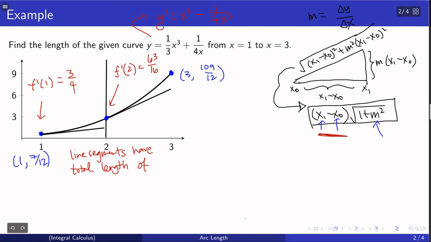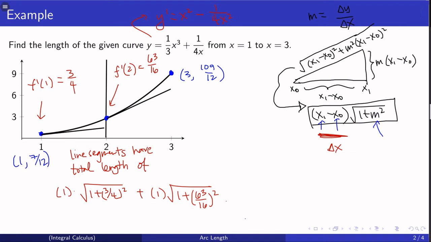So again, it's change in x, that's really just your delta x here. It's the change in x times the square root of 1 plus m squared. So it's 1 times the square root of 1 plus 3 over 4 squared. Plus, for the second line segment, again, it's 1 for delta x times the square root of 1 plus m squared. And this is a much better approximation.